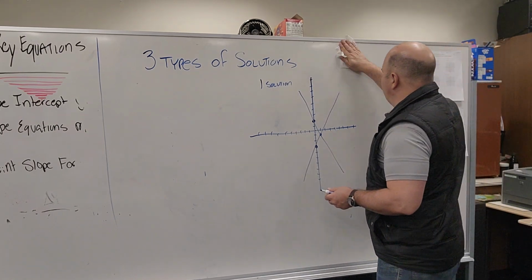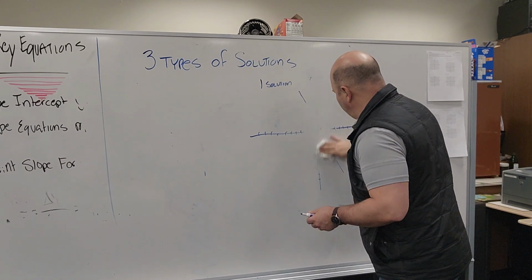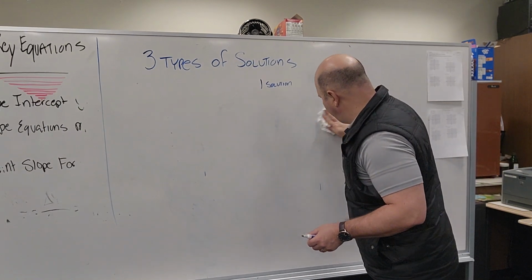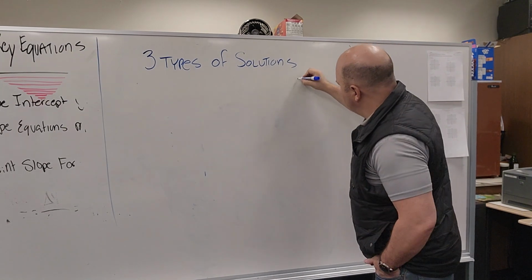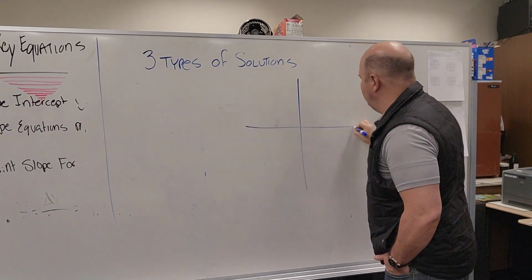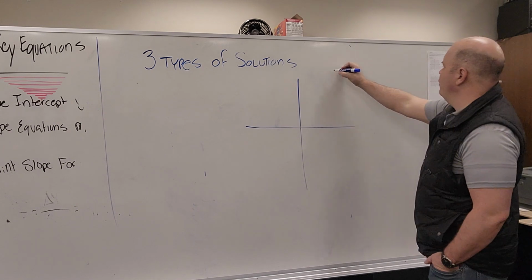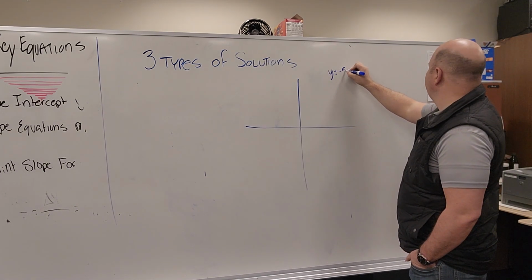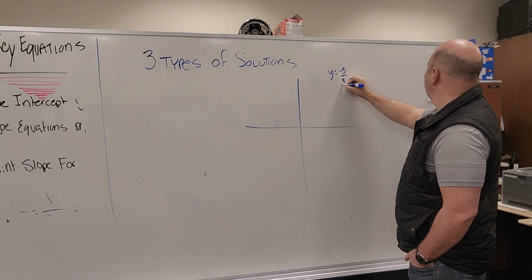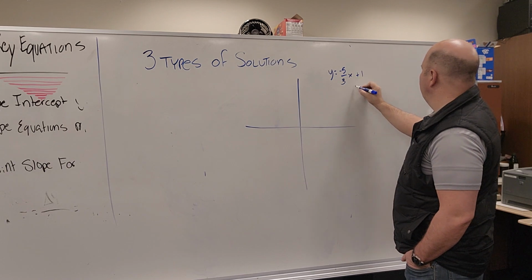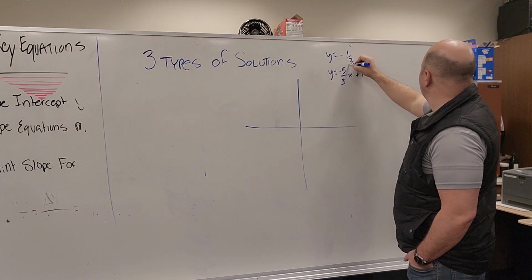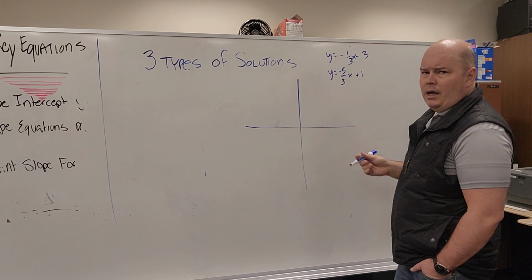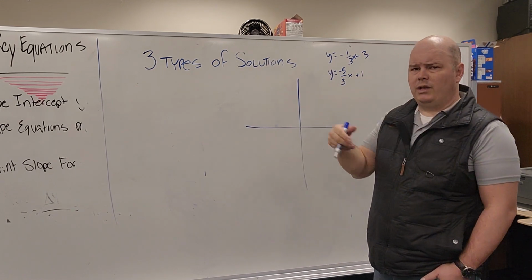Let's look at a different example though, just for funsies, because I know you guys like to do this stuff. Okay, here we go. Get rid of my one solution. We have a graph here, looks like that. Let's look at y = -5/3x + 1 and y = -1/3x - 3. I'm going to go through these a little quicker because we've done lots of graphing.